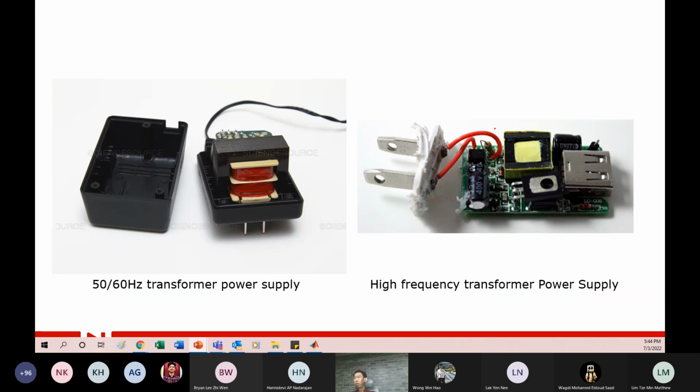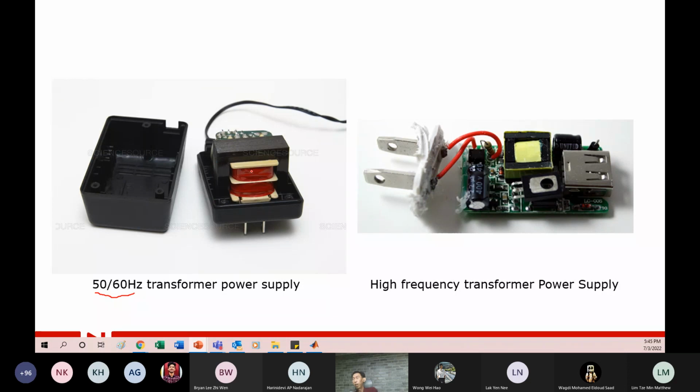And where do we apply this? These are the old days transformers, 50 hertz, 60 hertz. When you open up, it is very heavy, with a 50 hertz transformer inside, and 230 volt goes in and 12 volt comes out. You can still see some of these in our old chargers and power supplies.